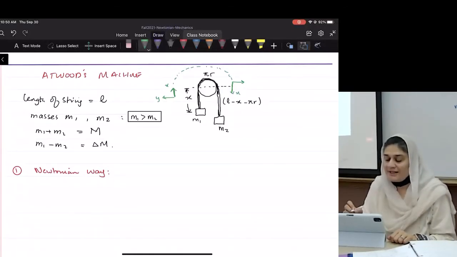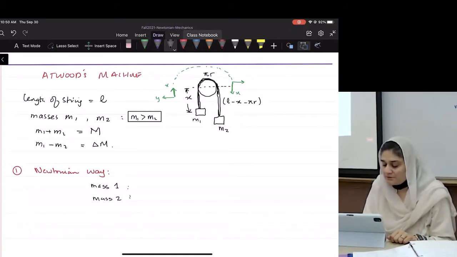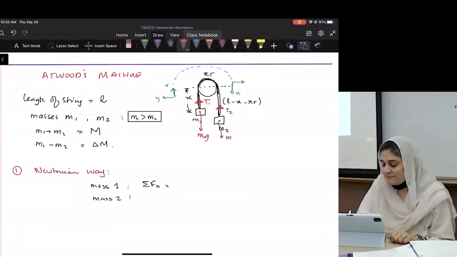So in Newton's way, how many equations are we going to use? One for mass 1 and one for mass 2. Does Y matter? No. So it'll be sigma Fx equals, so there will be a tensional force, T1, T2, and a force that points from the center down, M1G and M2G.